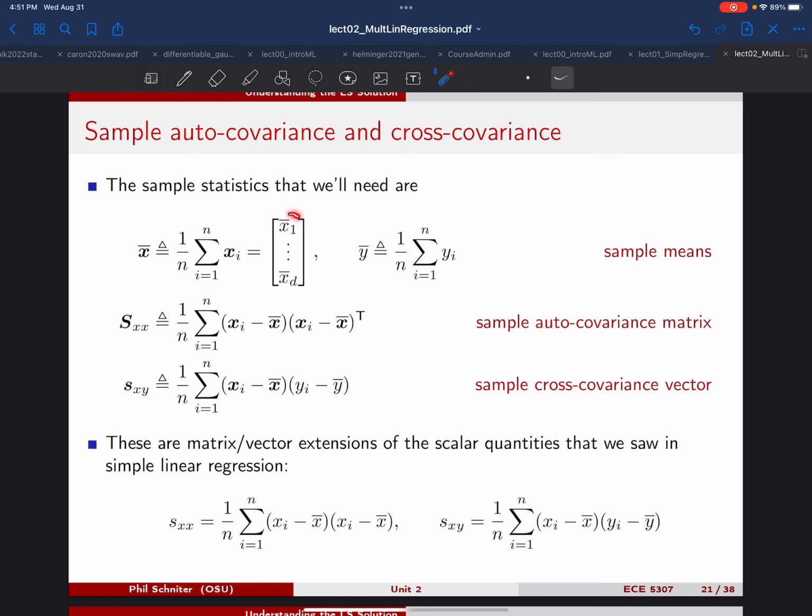So this x bar 1 is the average of xi1 for all the i's in your training data. Does that make sense? These are just the sample means of the scalar features in your data set. The targets are still scalars, so y bar is the same as last unit.